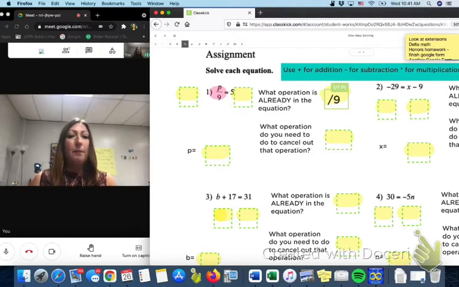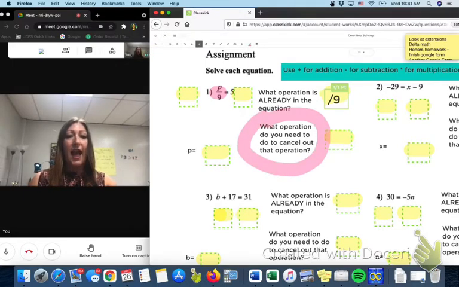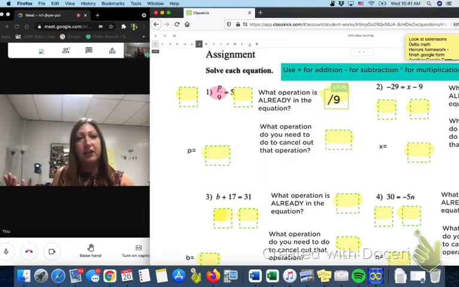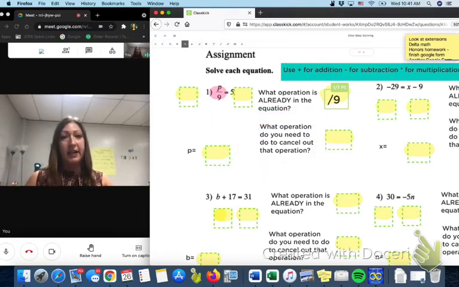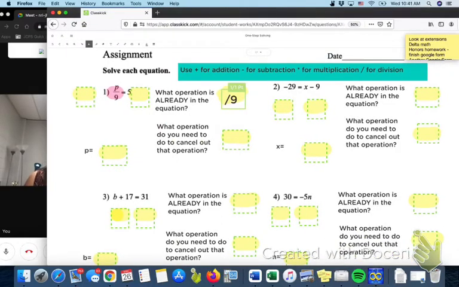So what operation do you need to do in order to cancel out that operation? So in other words, what is the inverse operation of dividing by 9? That is going to be multiplying by 9, right? And in the directions, it says to use the little star for multiplication.